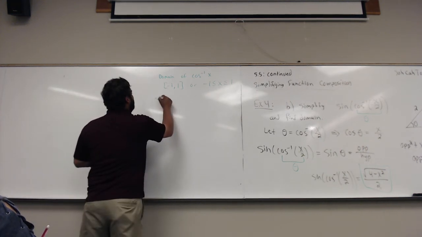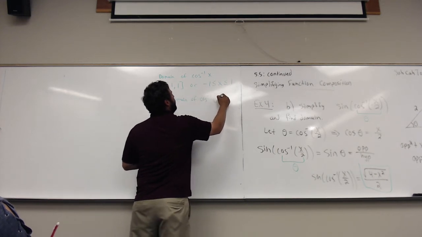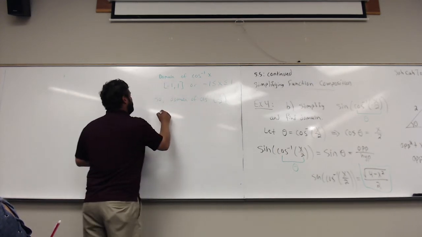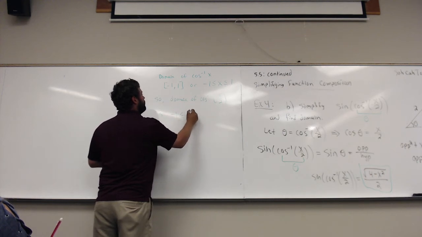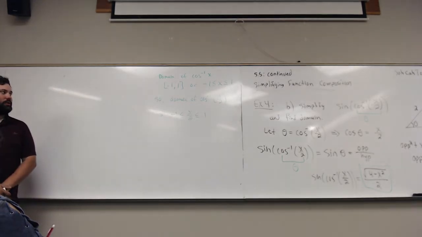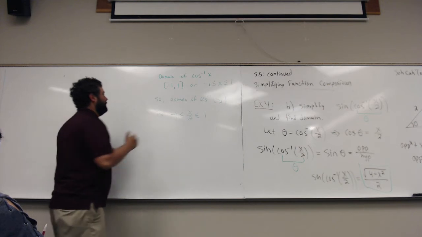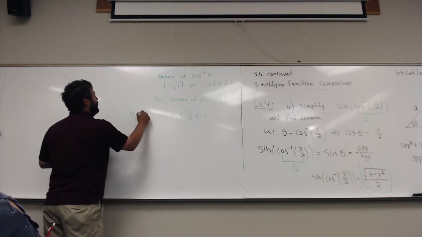So the domain of cosine inverse of x over 2 is, well, you have to start by setting your input greater than or equal to -1, and less than or equal to +1. I suppose I should write is given by.